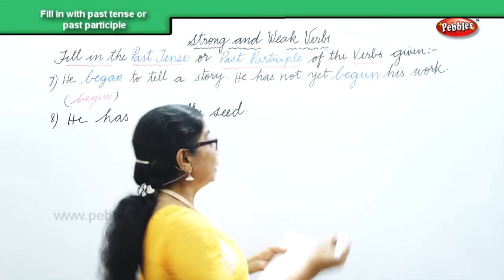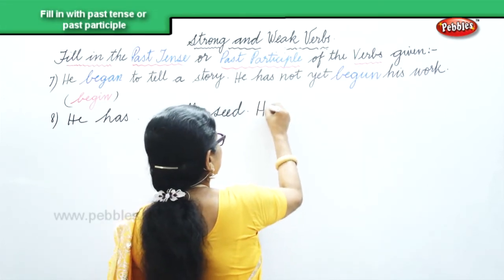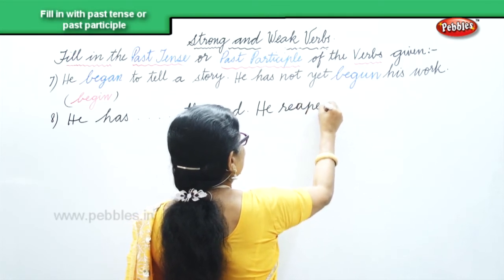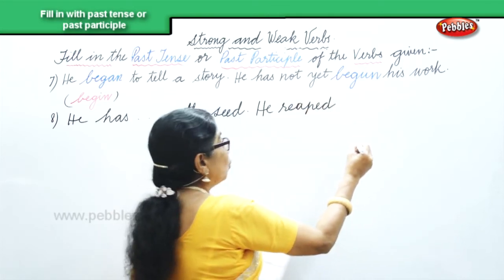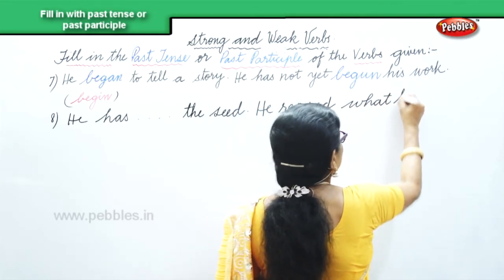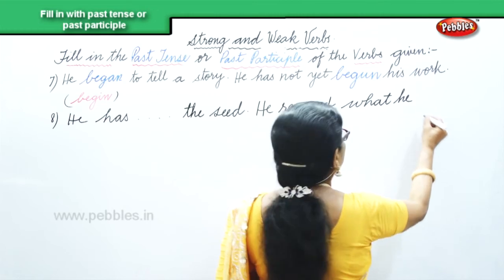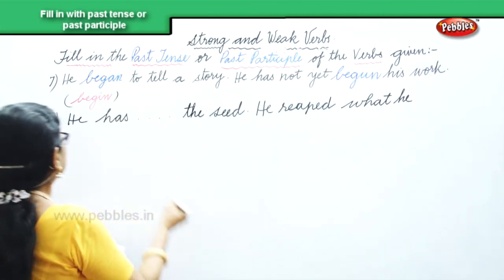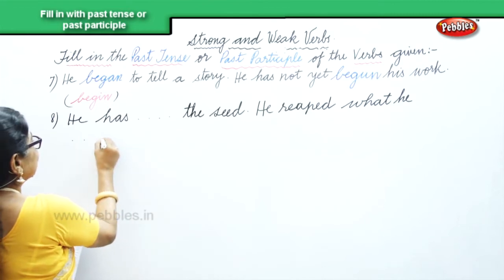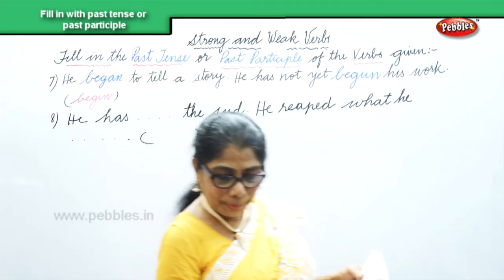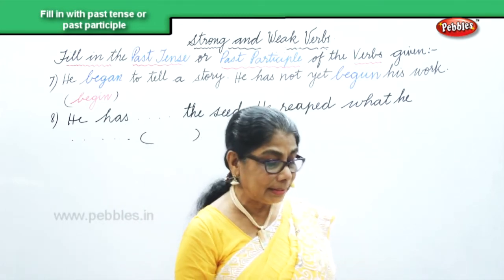He reaped what he dash. And the verb in the present tense given to us is sow.